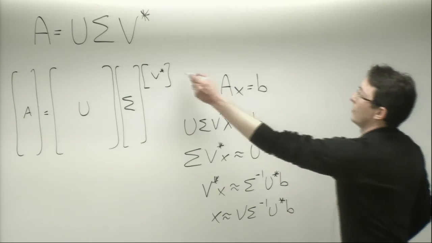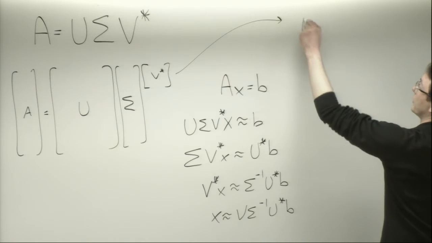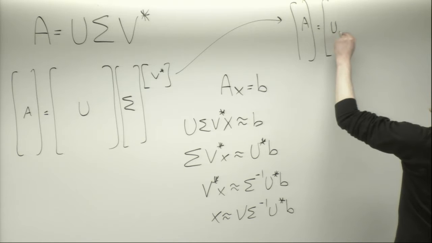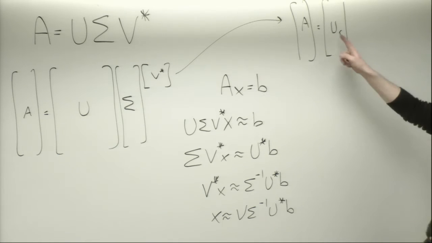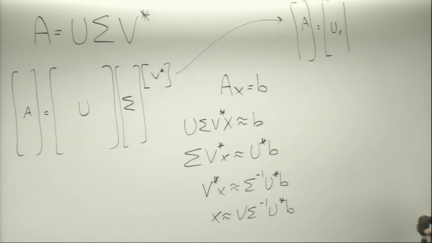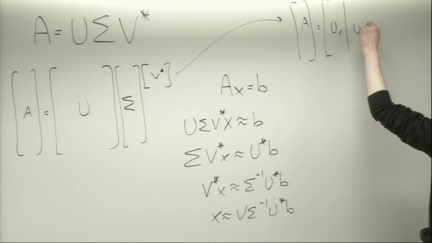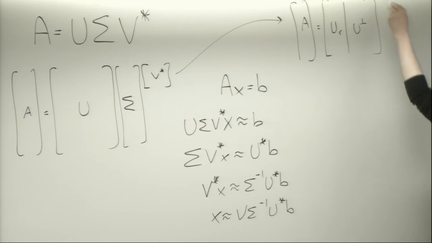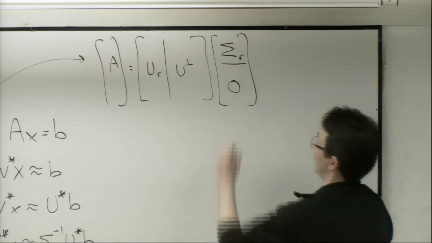So this A is really equal to, I'm going to call this U_R, where R is the rank of A, how many linearly independent rows and columns A has, followed by some other stuff. I'm going to say it's perpendicular, and I don't care about it. And then I'm going to have some square matrix, sigma R, an R by R square matrix, and zeros everywhere else.